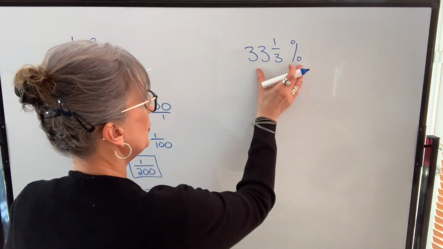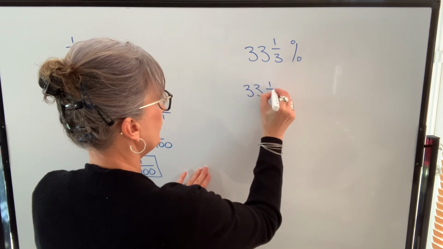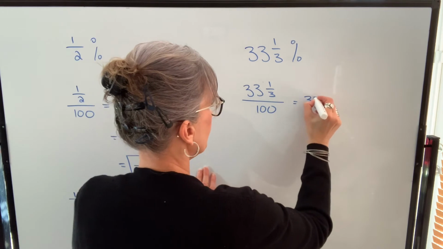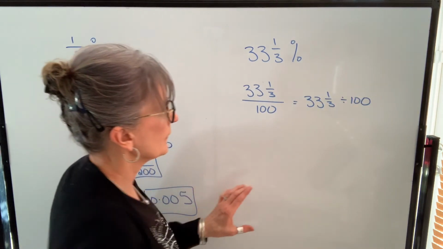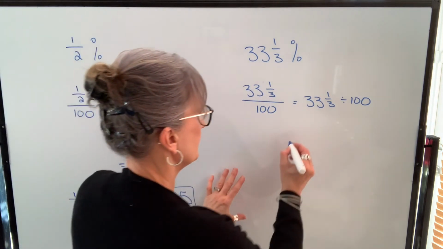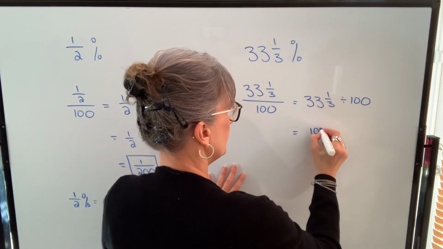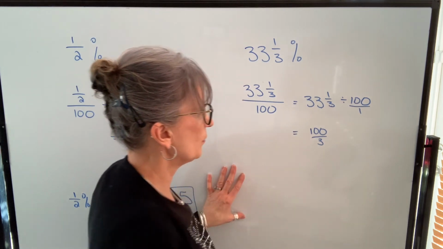My next example, I'm going to change it to a fraction first. So it will be 33 1/3 over 100. So that will be 33 1/3 divided by 100. My rules of fractions say this has to be an improper fraction. So 33 times 3 is 99 plus 1 will be 100 over 3. 100 is simply 100 over 1.